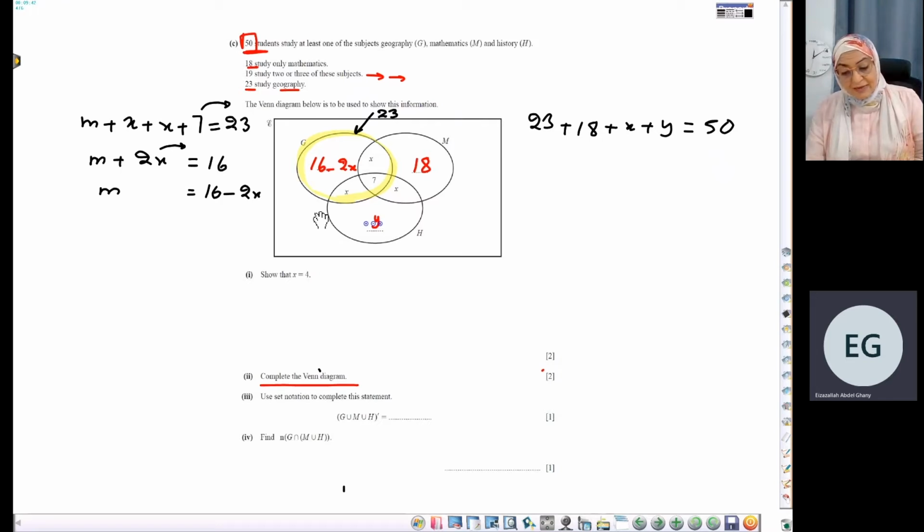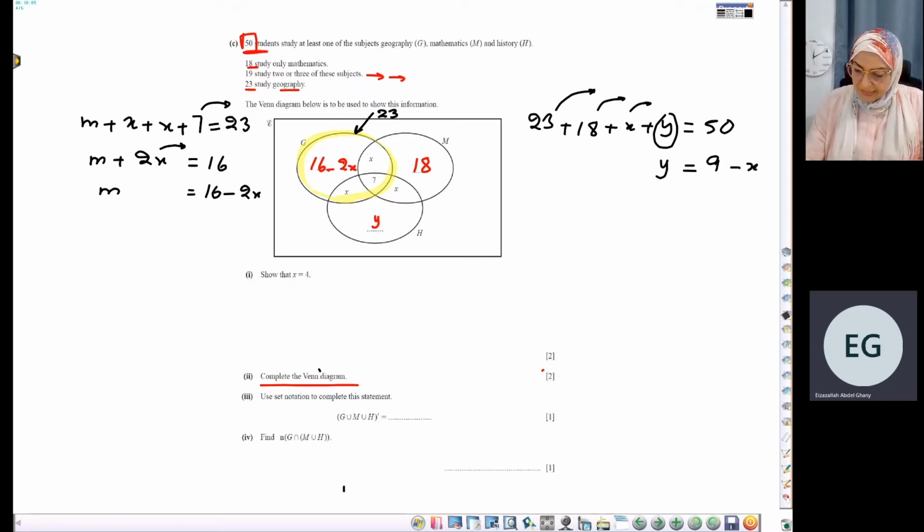And if there were any students outside, I should have added them also. Okay, now we need to find y. So all these will go to the other side. So 23 and 18 will be subtracted from 50. 50 minus 23 and 18, it's 9. So here, y equals 9 minus x.